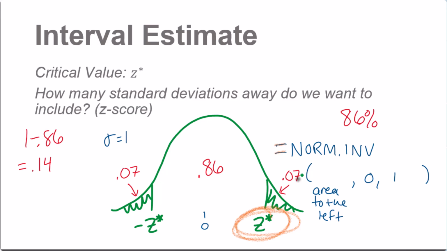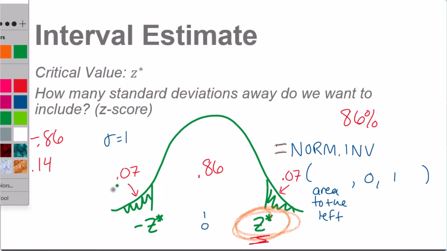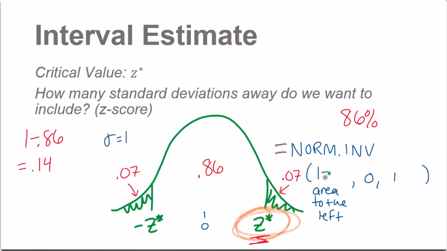So the critical value is going to be the z-score where the area to the left would be either 0.86 plus 0.07 or 1 minus 0.07. In this case, that would be 0.93, or in Excel, you could just put in 1 minus 0.07 if you want to.